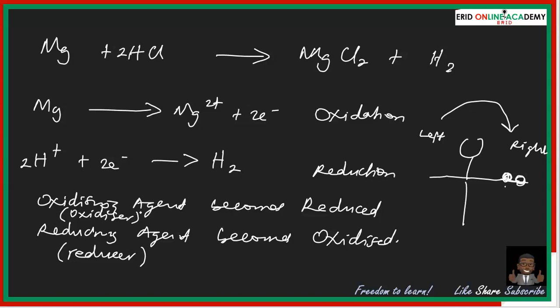So oxidizing agent becomes what? Reduced. While reducing agent becomes what? Oxidized. That's simple. Then the opposite: oxidizing agent becomes reduced, while your reducing agent becomes oxidized.